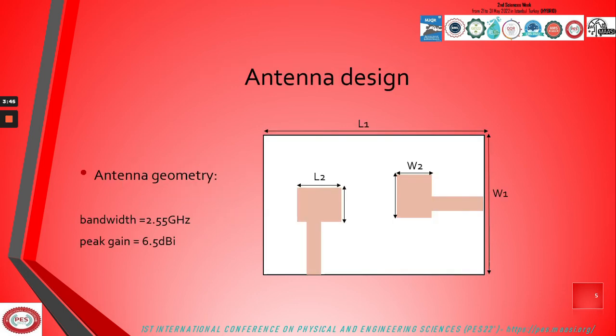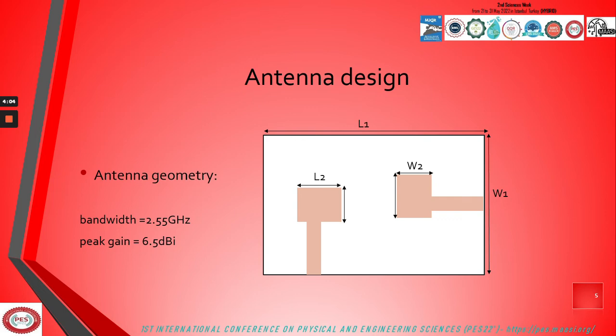Now that we've discovered more the advantages of the MIMO antenna, let's discuss the main thing in this presentation, that is the antenna design. As we can see, the design is simple. It's a patch antenna with two ports. It is simple to fabricate.